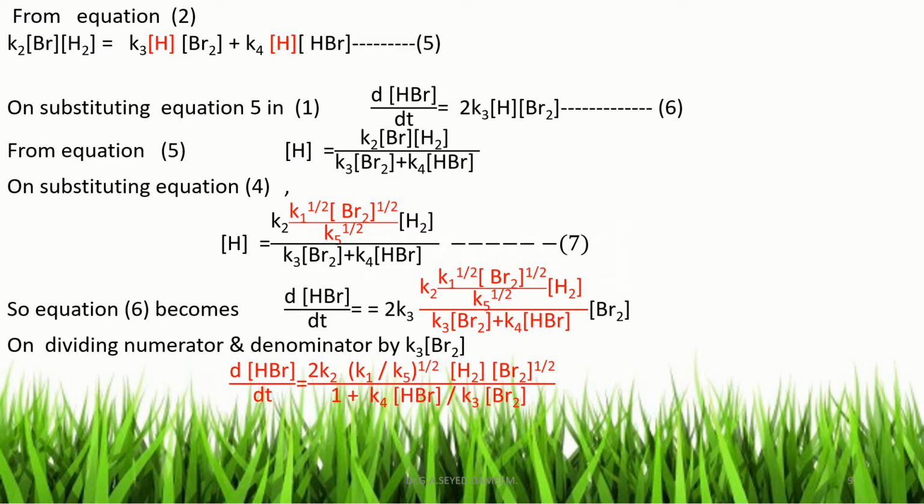From equation 5, we can write the concentration of H is equal to K2[Br][H2] divided by K3[Br2] plus K4[HBr]. That is very simple.